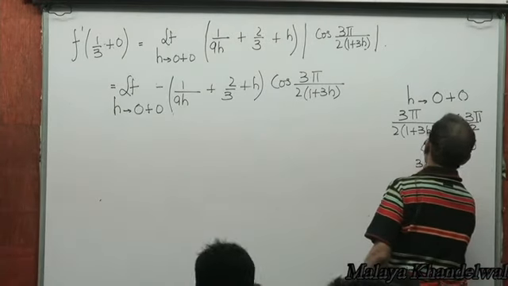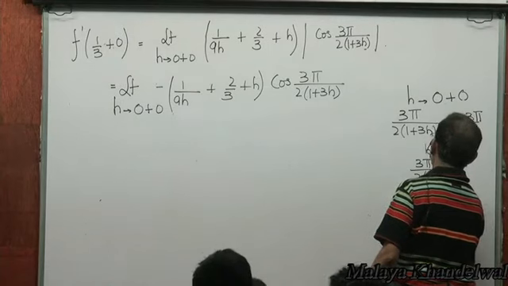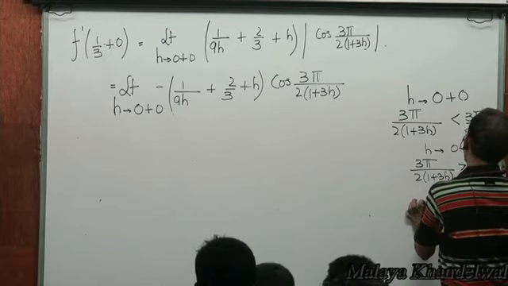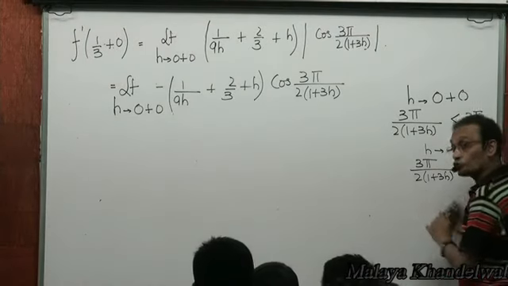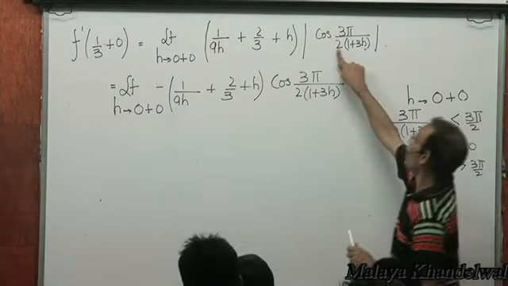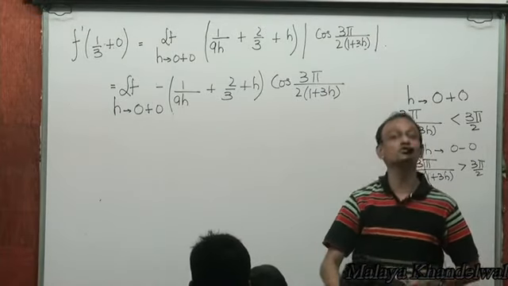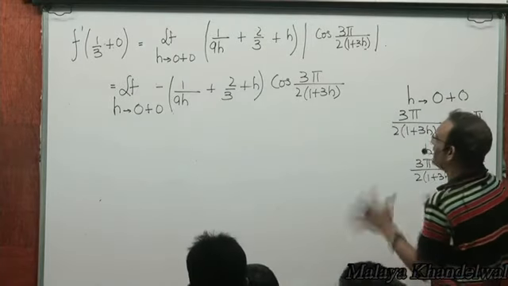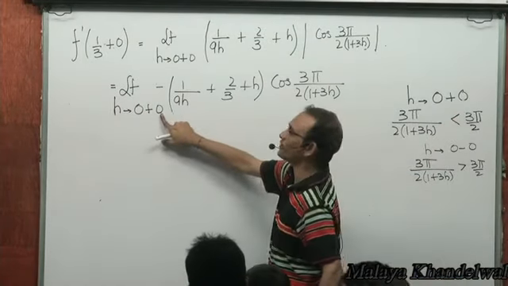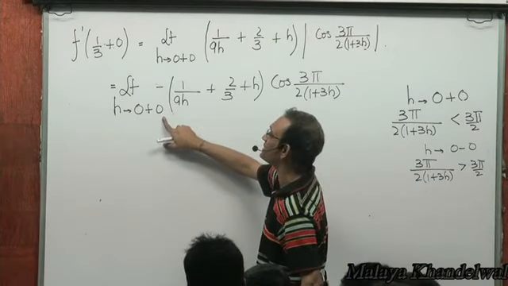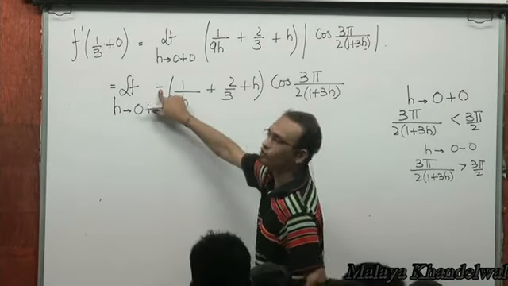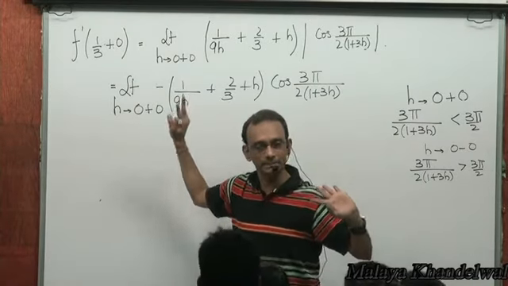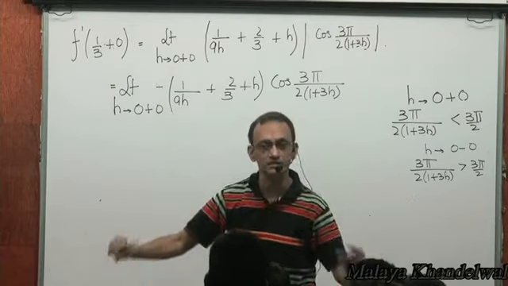Then 3 pi by 2 into 1 plus 3h would be less than 1 and this will be greater than 3 pi by 2, which is the fourth quadrant, in which cos would have been positive. Mod cos theta then would have been plus cos theta. So the only difference between h tending to 0 from the greater than 0 side and from the less than 0 side is that on the greater than 0 side you have a minus sign, on the less than 0 side you don't. That's the only difference, algebraically speaking. Clear?